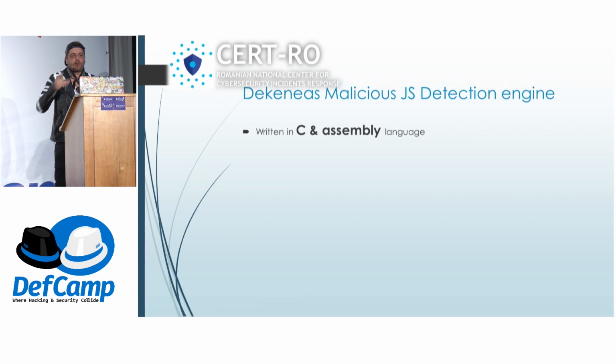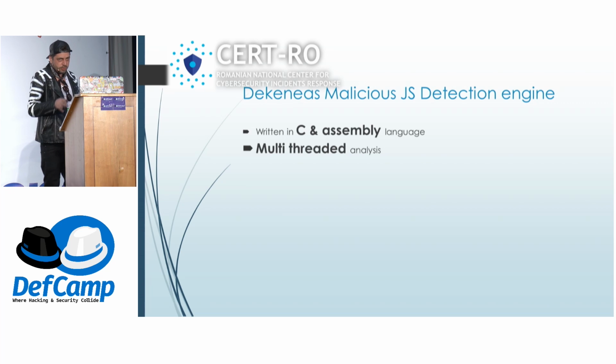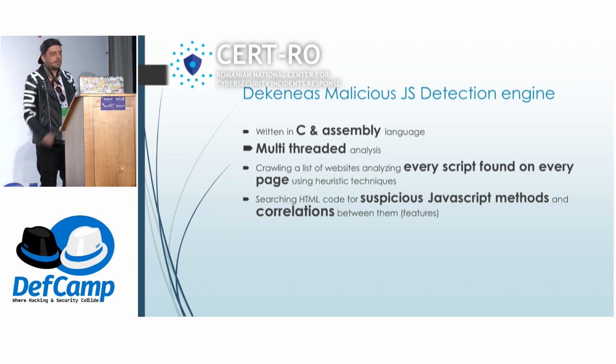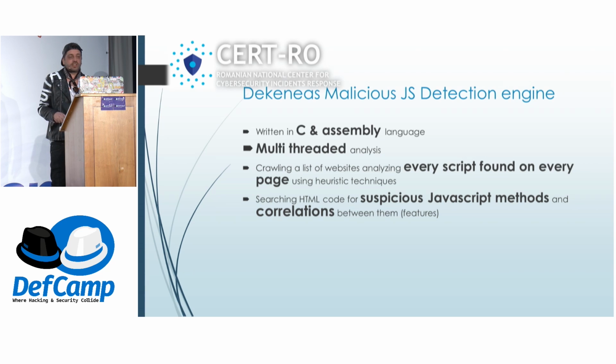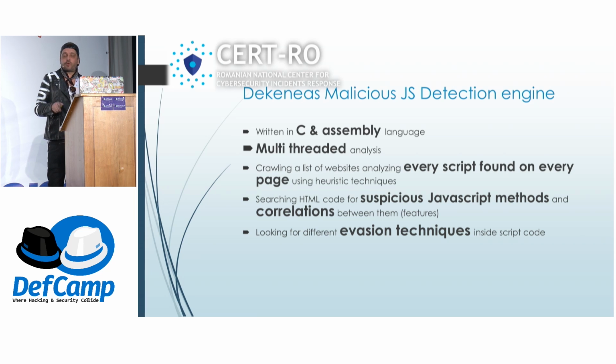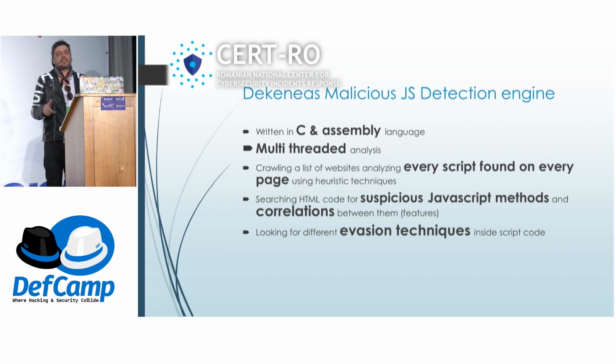Basically, our malicious JavaScript detection engine was written in C and assembly. It was multi-threaded analysis because we had to be very, very fast. It crawls a list of websites analyzing every script found on every page using heuristic techniques. It searches the HTML code for suspicious JavaScript methods and correlations between them. We call them features. We also look for different evasion techniques inside the script code, because sometimes certain scripts are interpreted in one way by one browser and totally different by another browser.